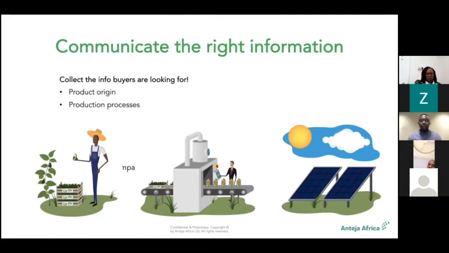We have means for you to enter details for bulk B2B and B2C business transactions. You collect the information that the buyers are looking for, which includes the product origin and the product processes, and you simply put it into the platform and it will aggregate and organize the information.